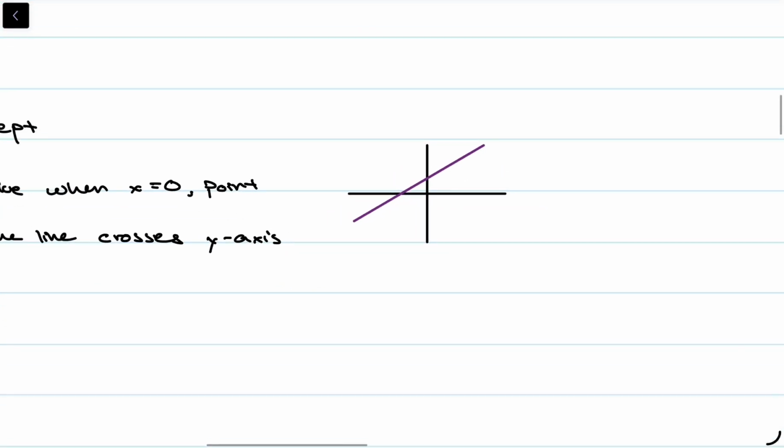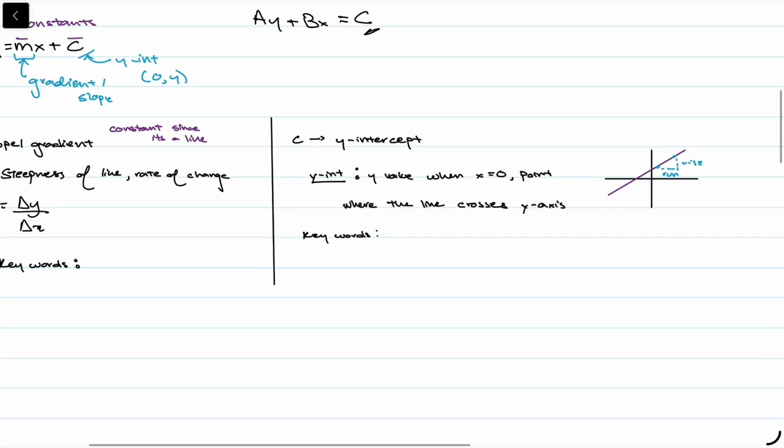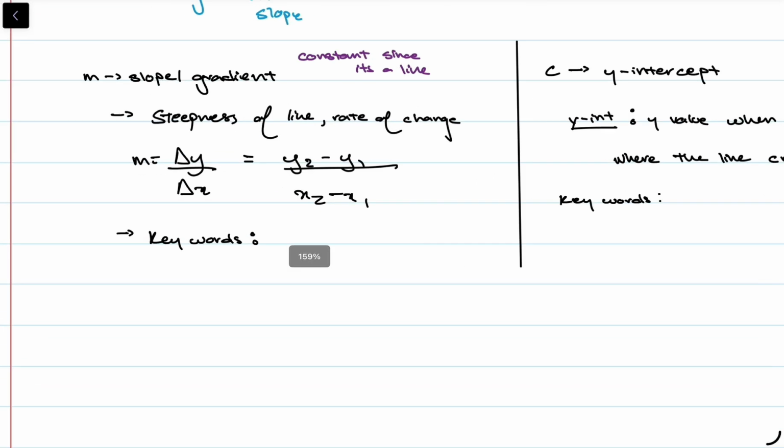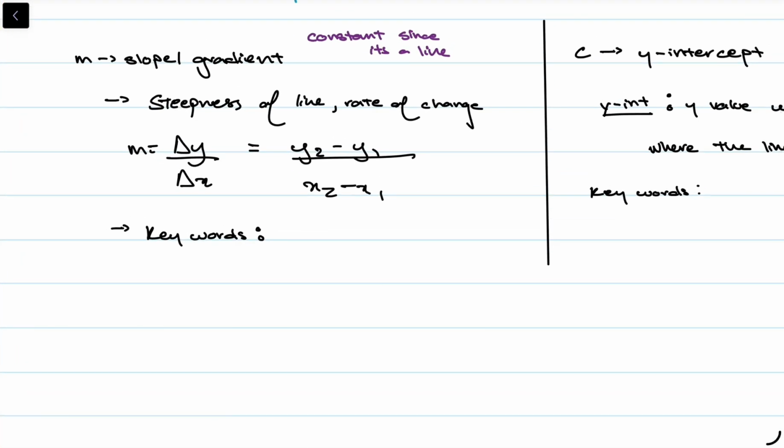So you take any two random points, and the rise over the run is your gradient, the change in y over change in x, and you write it as y2 minus y1 upon x2 minus x1. The keywords you need to look out for in word problems when you're looking at your slope or gradient are rate, per, and each.